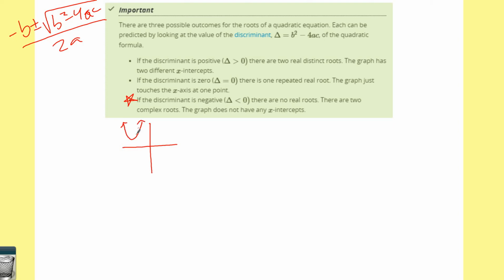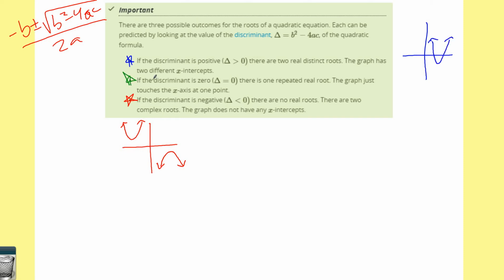Your parabola is going to be above, or it can be below the x-axis. Okay? All right. Let's see. So I just wanted to explain that one. Okay, so this was like the first one, right? So we had it like that.